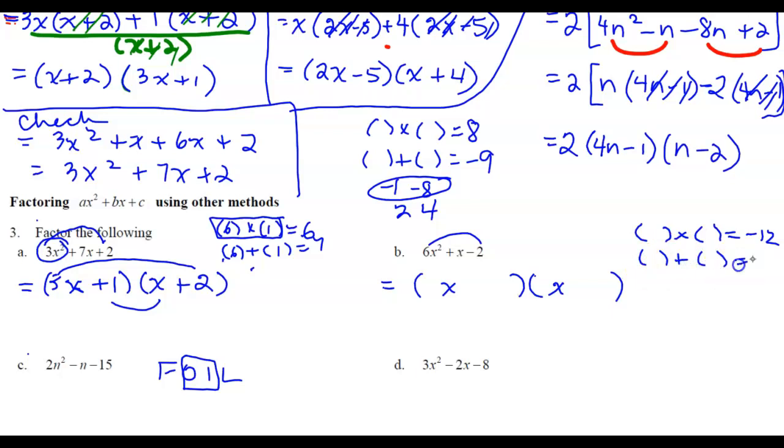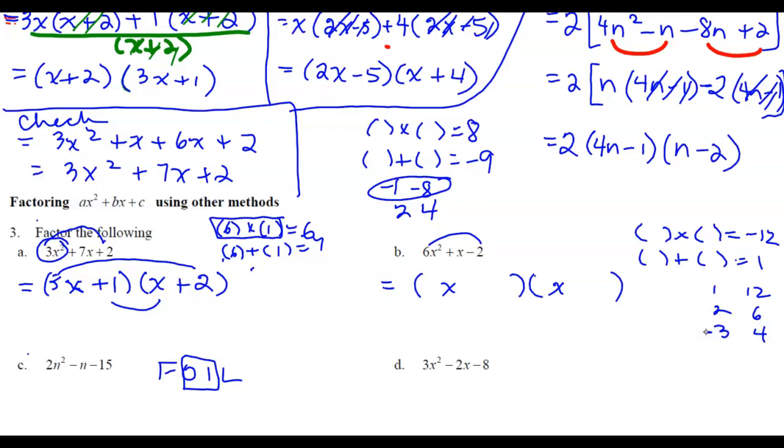So you can go through it. 1 and 12, no. 2 and 6, no. 3 and 4, yep. Which would be positive and which would be negative? 4 is positive, 3 is negative.